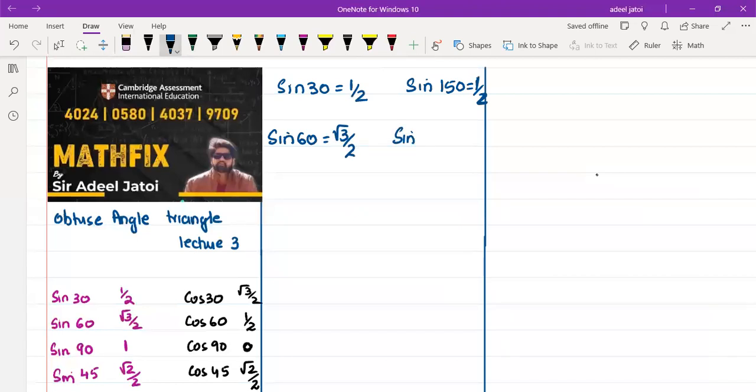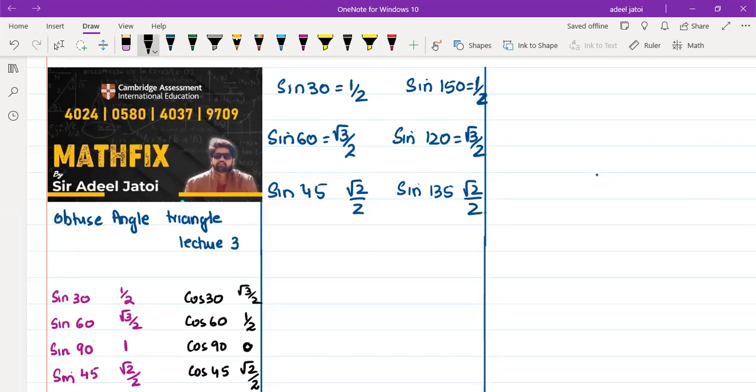That means sine 120 will also be under root 3 upon 2. Sine 90 remains 1. But then we have sine 45, which is under root 2 upon 2. Then we will have sine 135, which is under root 2 upon 2.